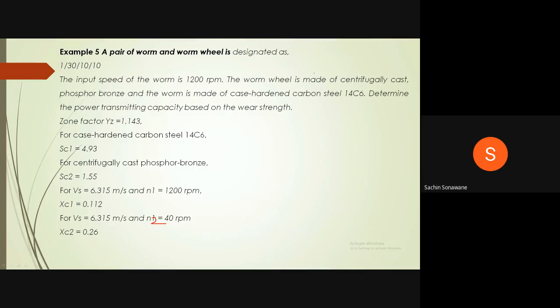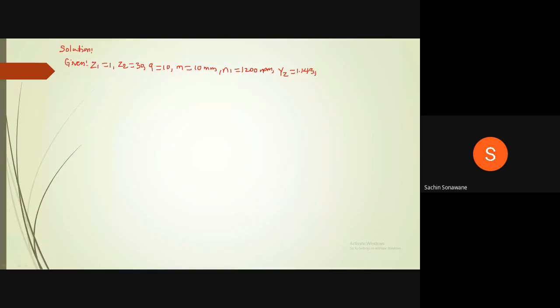Then SC1, SC2. Value of SC1 is equal to 4.93. SC2 is equal to 1.55. Then XC1 is equal to 0.112. XC2 is equal to 0.26.